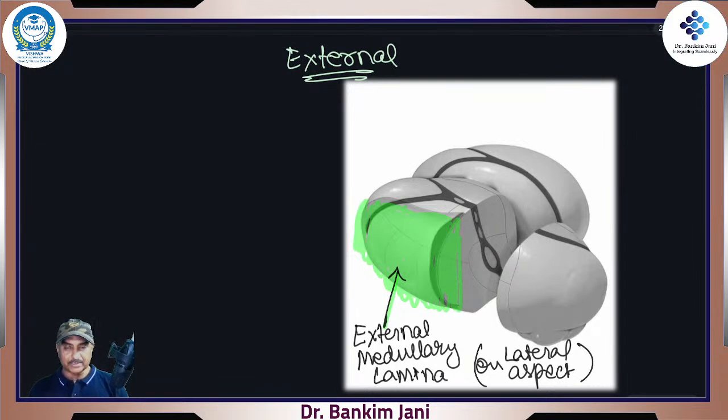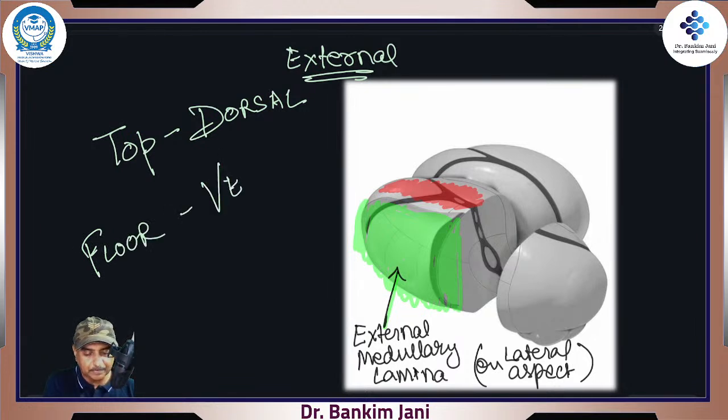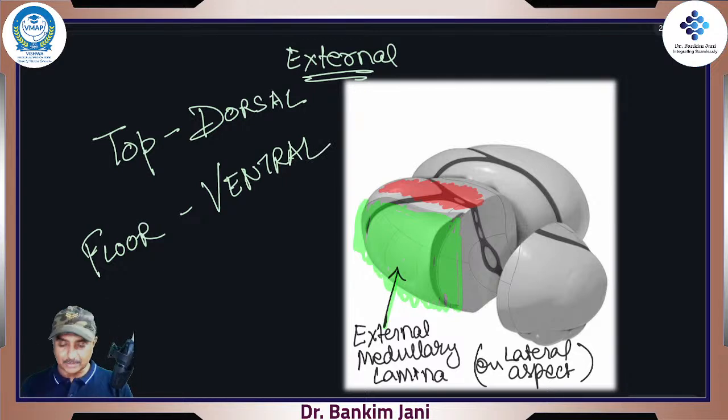Well, this was easy. There is something which is covering on the top also. Over here, the top is dorsal, and remember this, top is dorsal and floor is ventral. So there is a covering on the dorsal aspect, on the top.